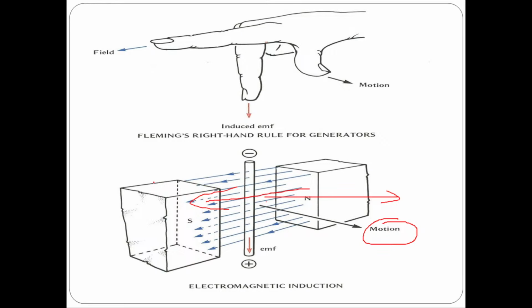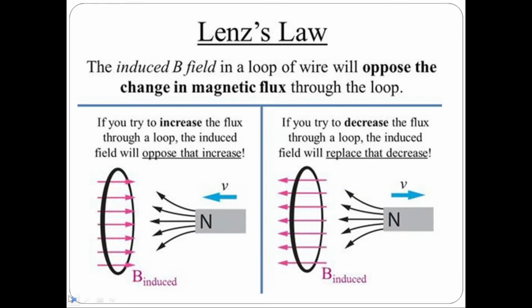This is a magnet, a cylindrical shaped structure. From the north pole, flux lines will travel.